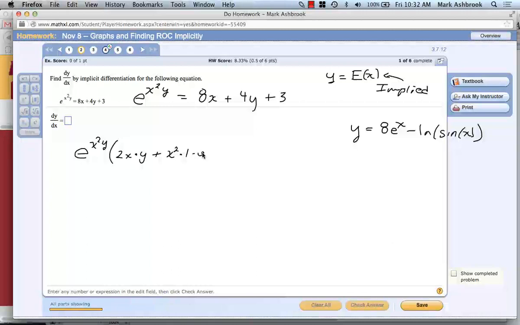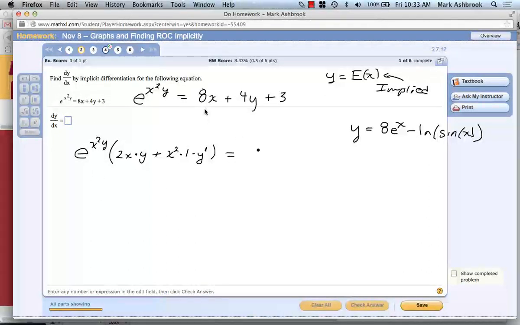But then you've got another chain rule in there, right? Because implied is that y is some function of x. And so by the chain rule, we need the rate of change of y with respect to x. So that's the rate of change of the left side. Does that make sense?